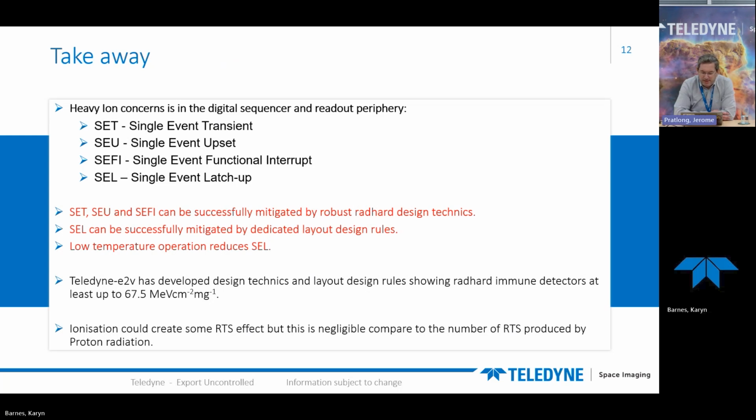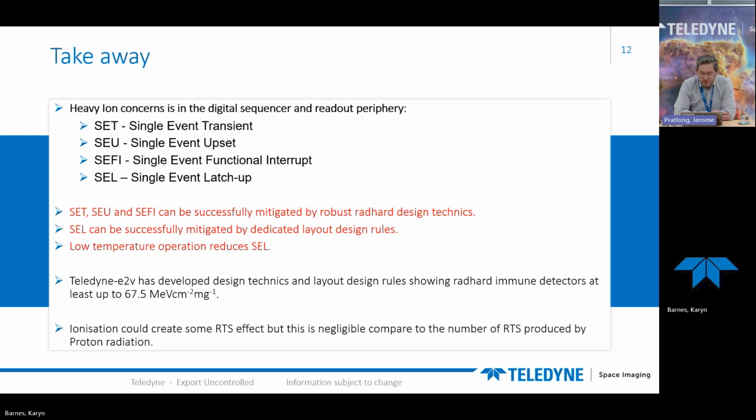What we've demonstrated at Teledyne E2V is that it is possible to design for a SET, SEU, and SEFI-free detector, meaning by that robust and rad-hard. It is also possible to lay out all our structures in a way that there is no latch-up up to at least 67.7 MeV.